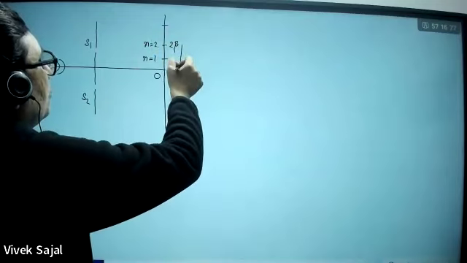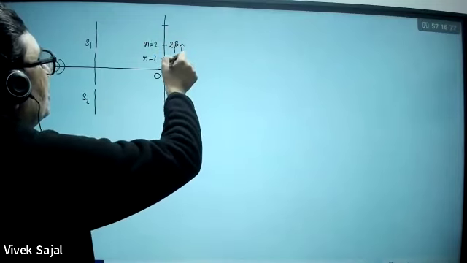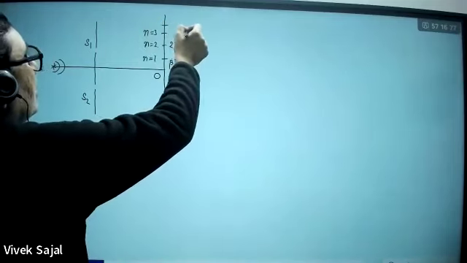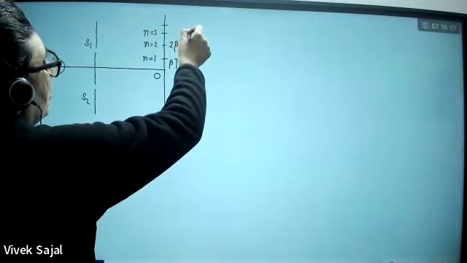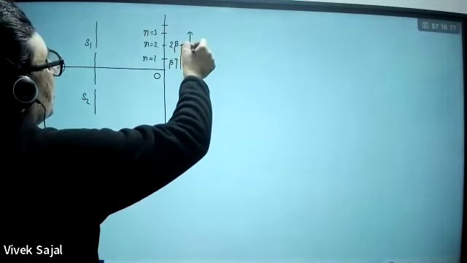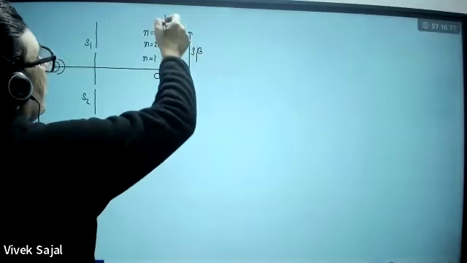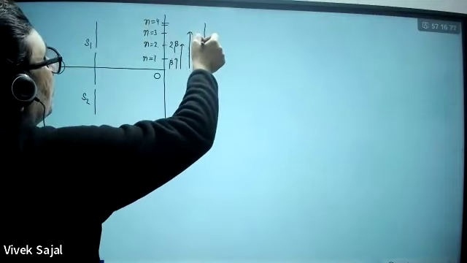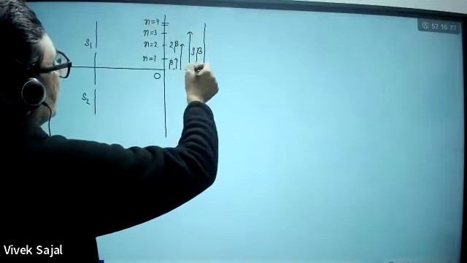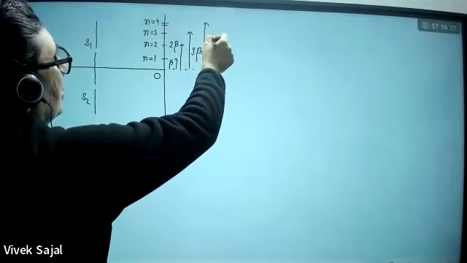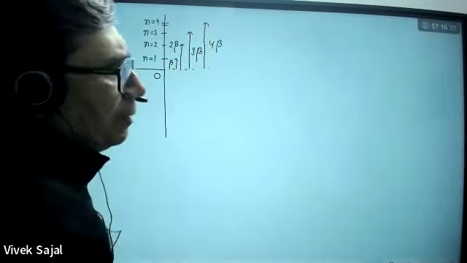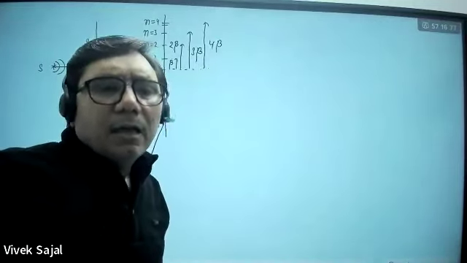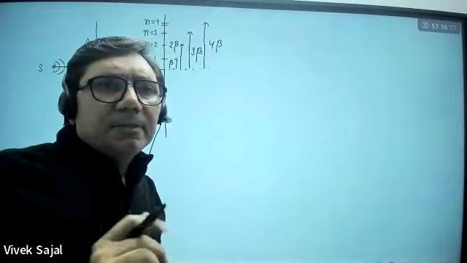At n equal to 3, this distance will be 3 beta, and at n equal to 4, it will be 4 beta. So the separation from the center to the nth order maxima will be n beta.